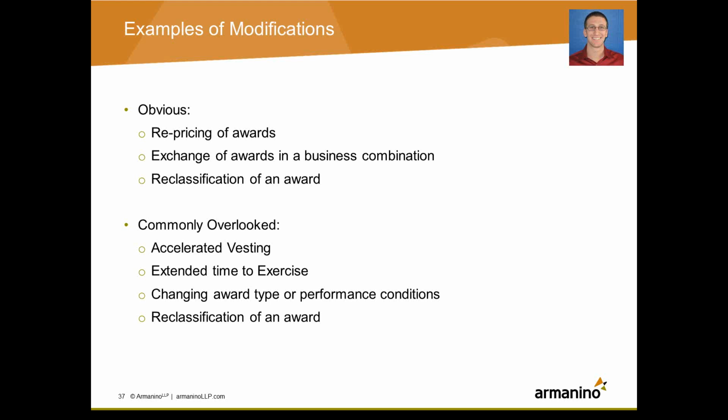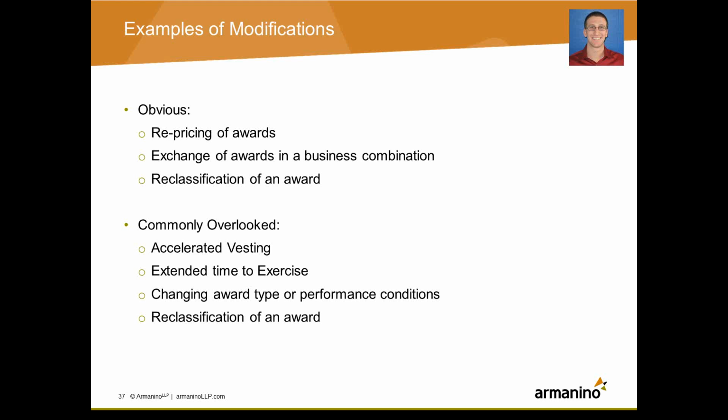Or the reclassification of an award from equity to liability or vice versa. Some of the ones that are commonly overlooked, although again many people called them out, so we're glad to see that. If you accelerate somebody's vesting, you give them more time to exercise, you may change the award type from ISO to non-qual or adjust the performance conditions. Again, sometimes a reclassification of an award can also be commonly overlooked.